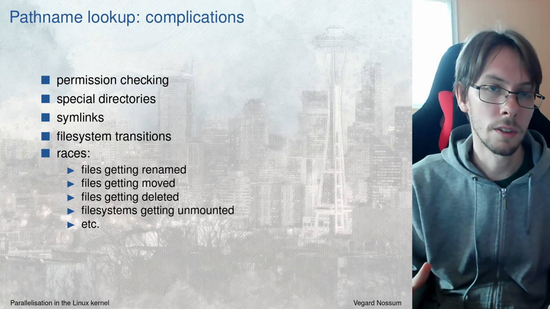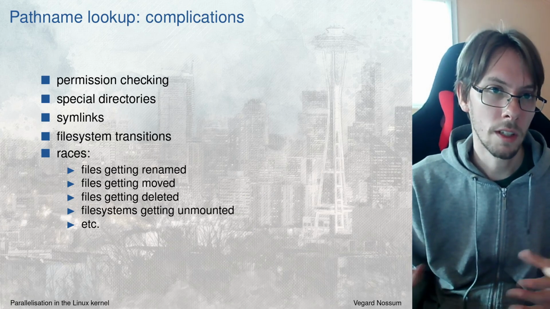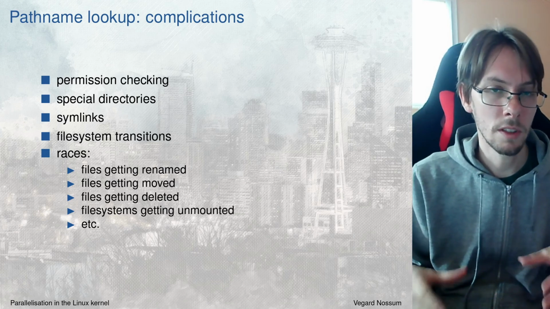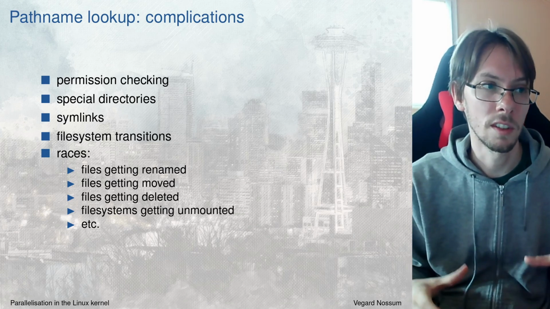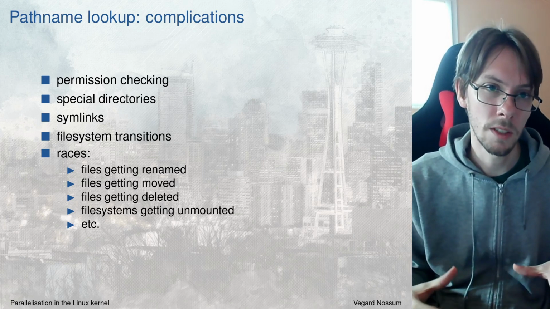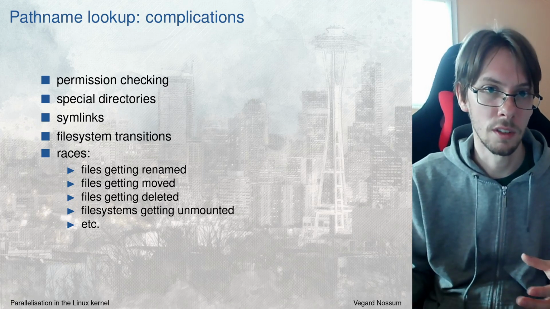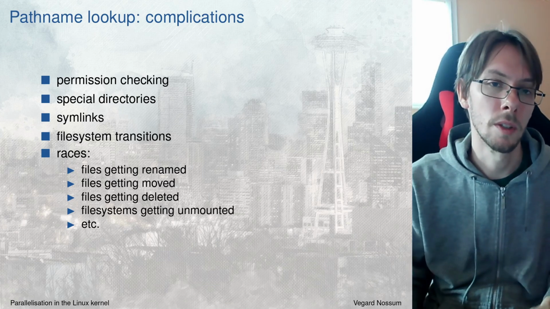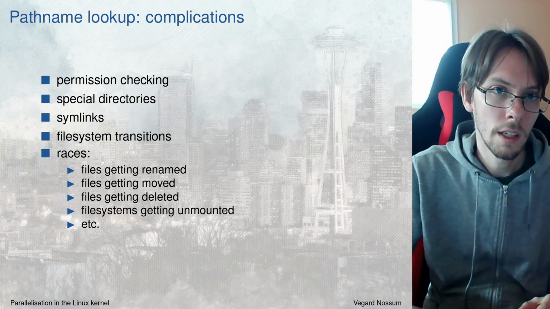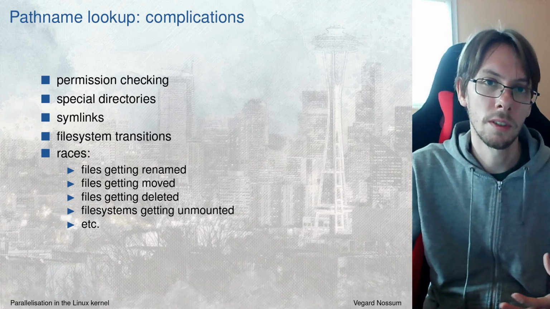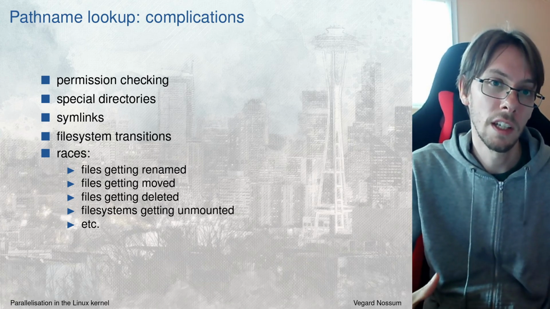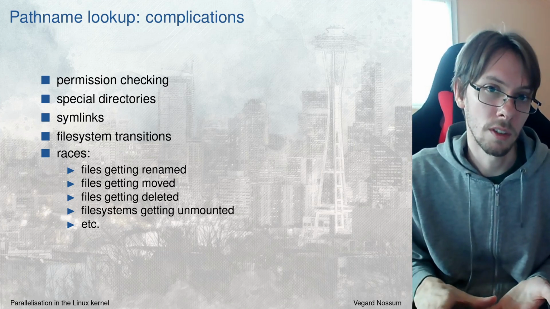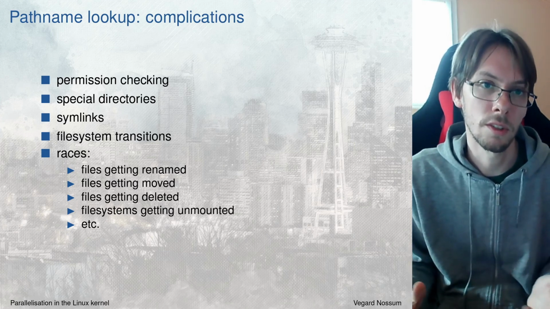That all sounds pretty easy, but it's actually a lot more complicated than that. First of all, permissions on Linux are tied to files and not to the directory entries, which means you need to find the inode that the directory entry refers to, and you have to load it and check the permissions on it. You can also have symbolic links, which redirect you to a different file. So you need to read the contents of the symlink, which involves going to the inode or to the underlying file system.